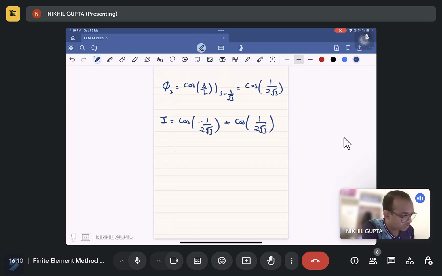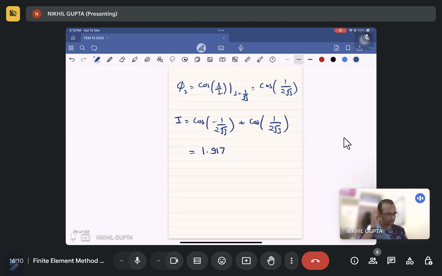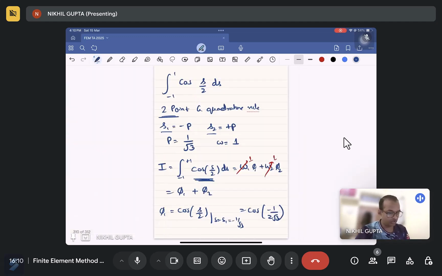When you solve it, you will get 1.917. So it's just a way of solving the integration. Instead of solving this cos function with the integration rule, you can directly solve it by writing a simple term and get to your solution.